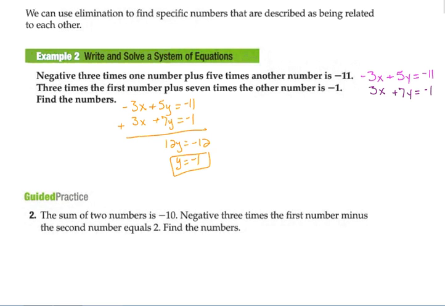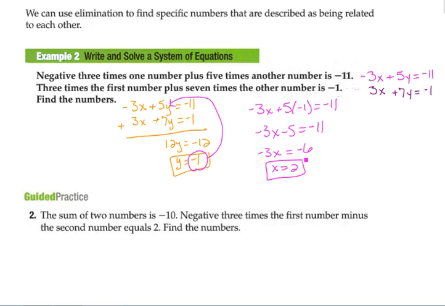With that information, I'm going to substitute that -1 in for y here. So I have -3x plus 5 times that -1. And I'm going to go ahead and go through my steps of solving for x. Adding and subtracting over, multiplying and dividing.